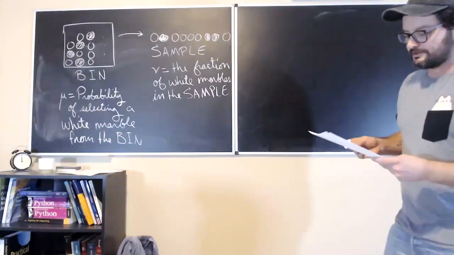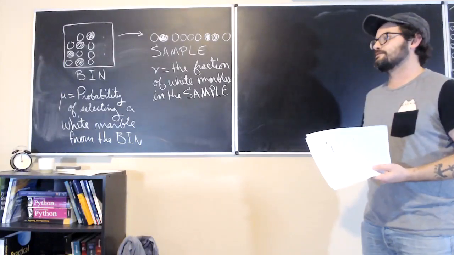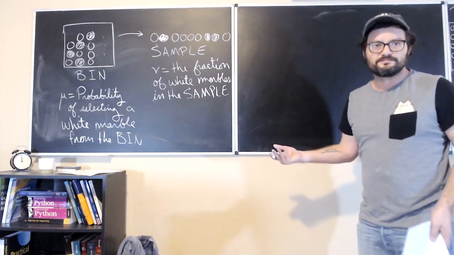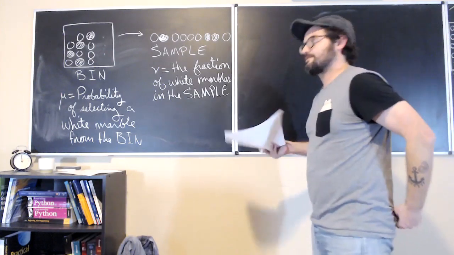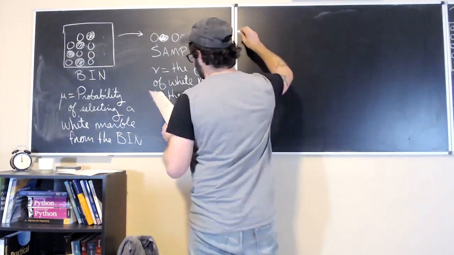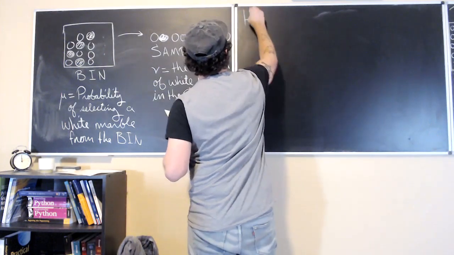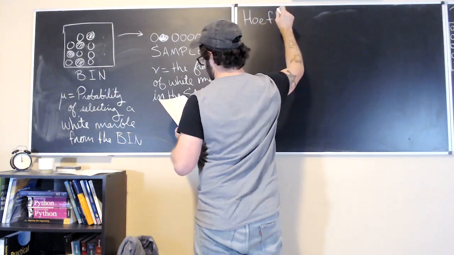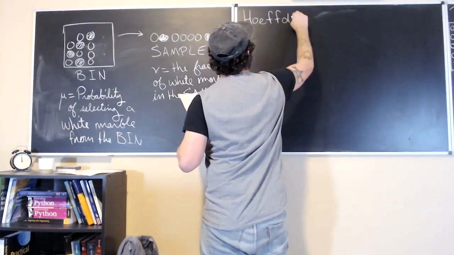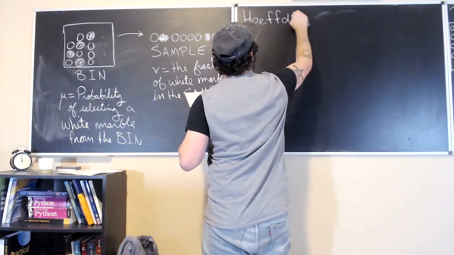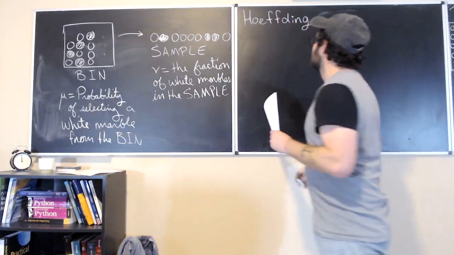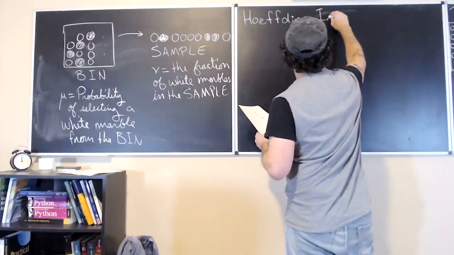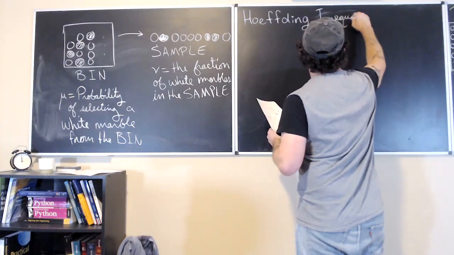And this generally falls under the realm of the law of large numbers. And in particular, for us, we're going to choose the Hoeffding inequality, since it's one of the easiest to understand, and since it's a bound and not an asymptotic approximation.